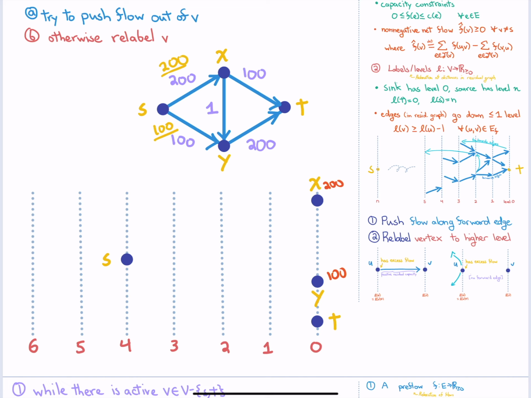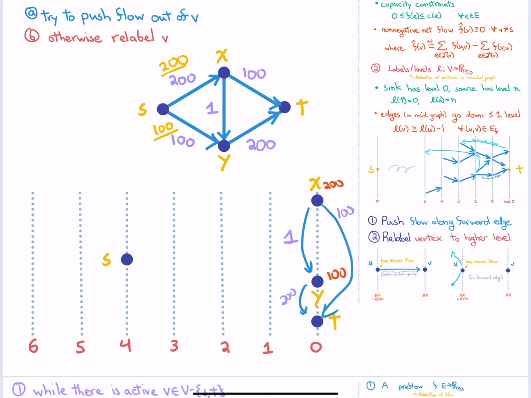Now let me draw the residual edges based on the graph. We have 1 unit from X to Y, 100 units from X to T, and 200 units of capacity from Y to T. Now to get to the question, what about the edges leaving S? Aren't they going to violate?